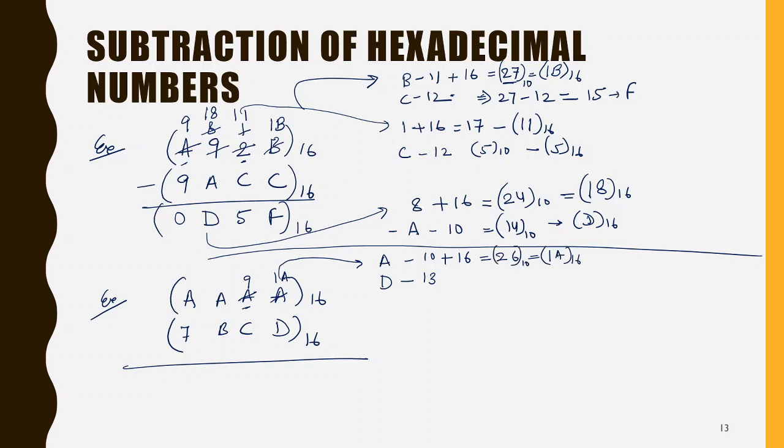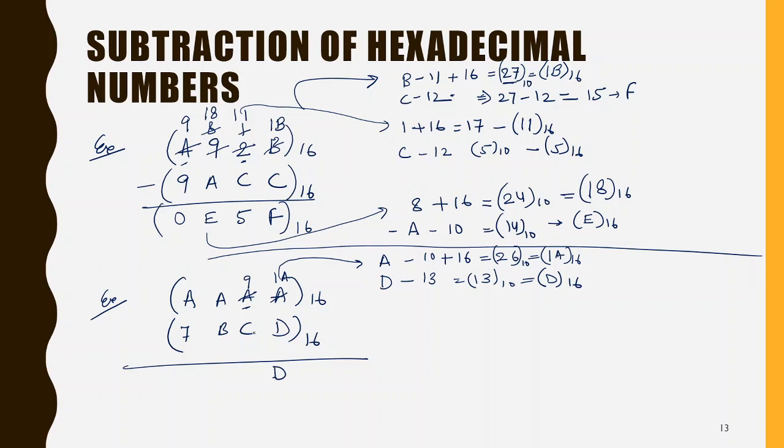Okay, so 26 minus 13 is 13 in decimal, and how you write 13 in decimal is A, B, C, D. Okay, D you write as, sorry, I have written it wrongly, it is E, right? 14 is E, so instead of D the result will be E. Okay, now 13 is D, so 1A minus D is D, right?